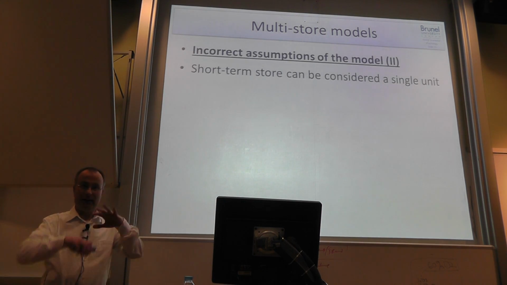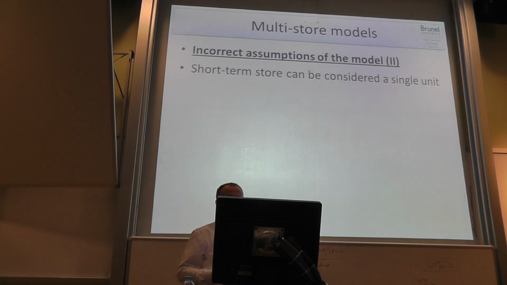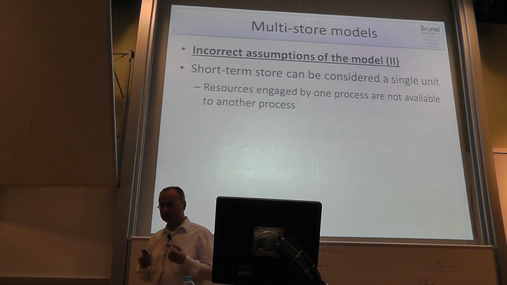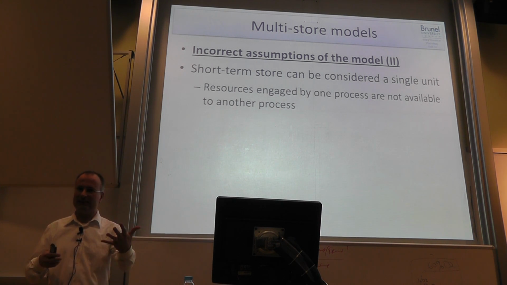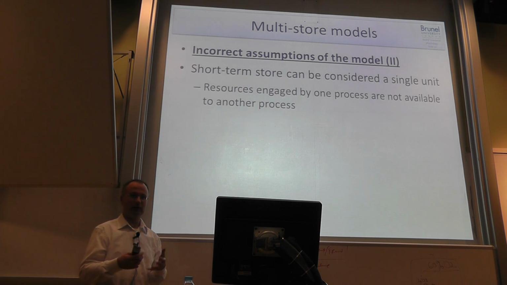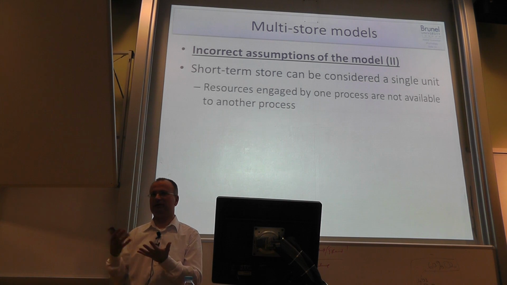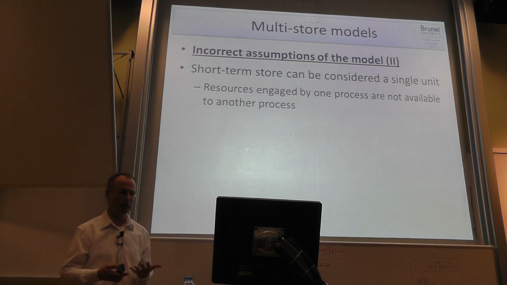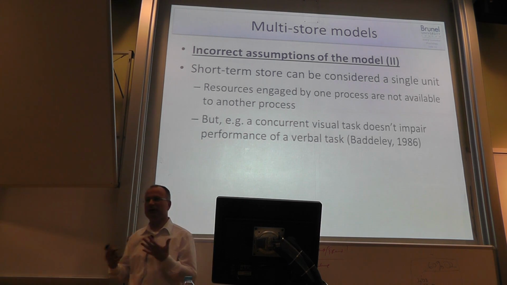And the second one is along the same lines, and that is that they would propose that short-term memory, that means the maintenance and the processing aspects, is a unitary thing. So if you maintain something in memory, this will cause problems with processing information. However, it has been shown that this is not the case.